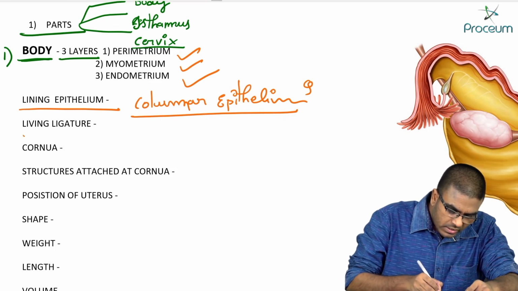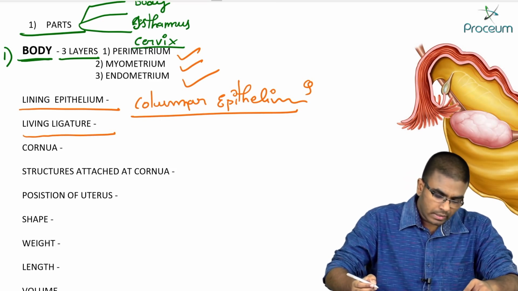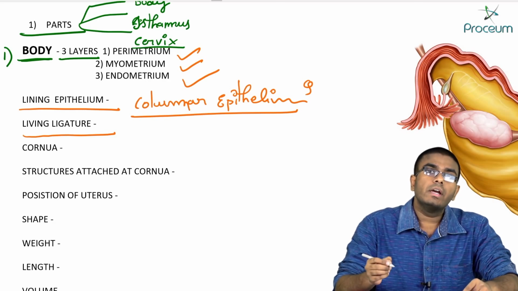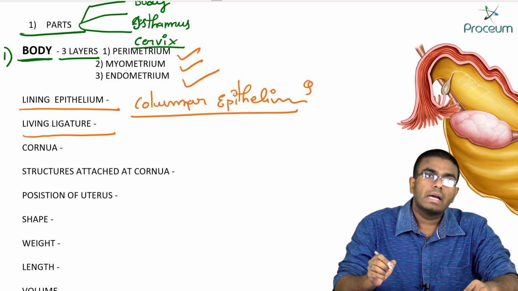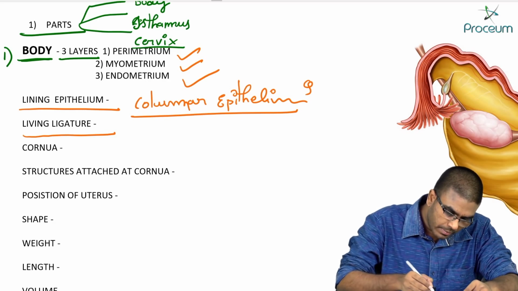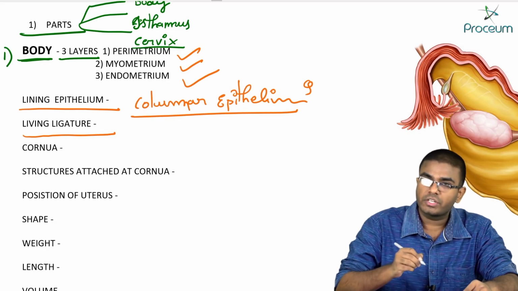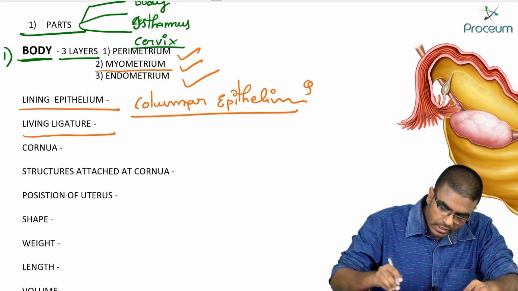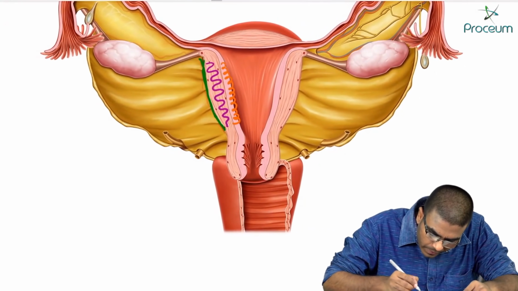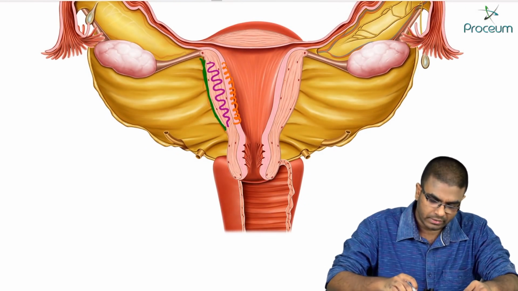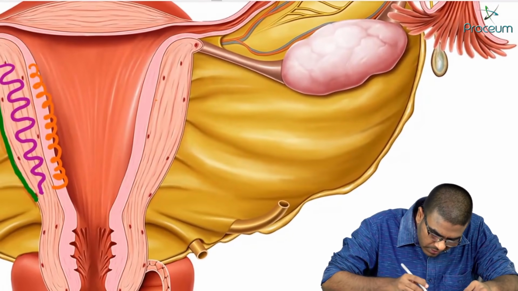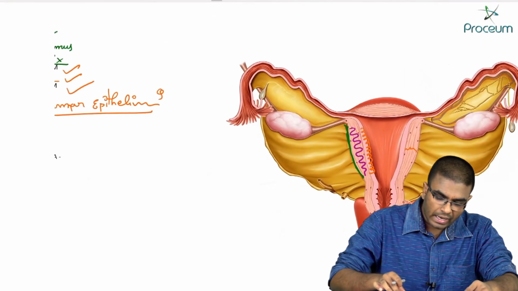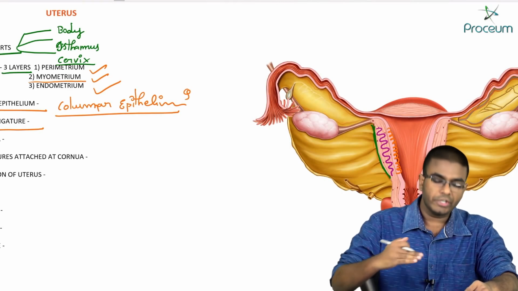Now let's discuss the living ligature. Guys, we have discussed that the body of the uterus has three layers: perimetrium, myometrium, endometrium. I have already said the myometrium is a muscular layer. Let me show you. This is the myometrium. Here the muscles are arranged in three groups.